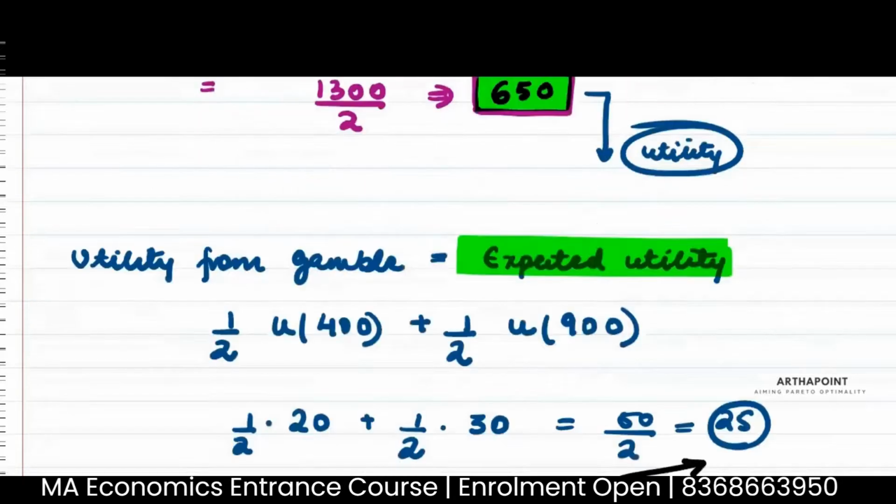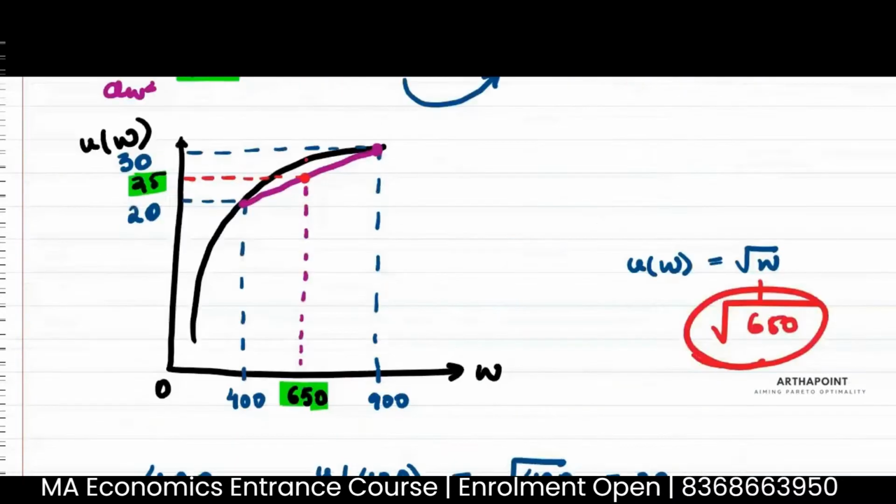Which means that I must have had some W here that would have given me 25, but with certainty. So I would have linked this W to my utility function.